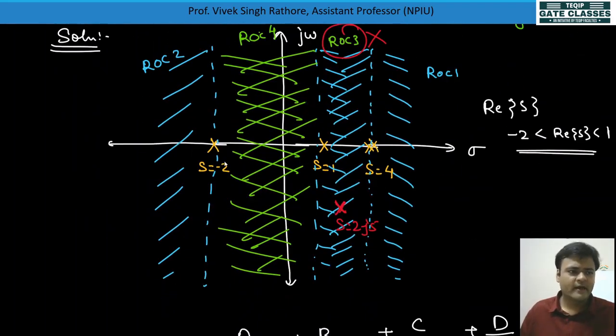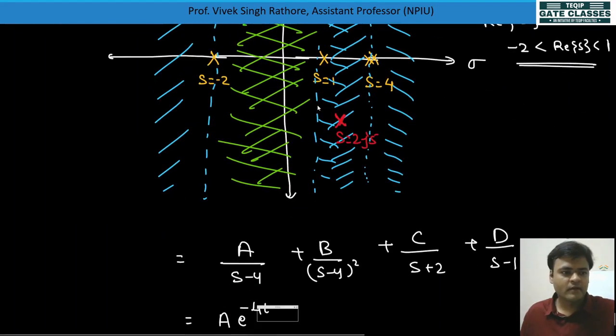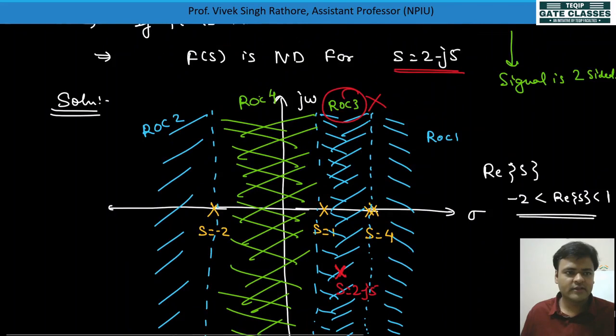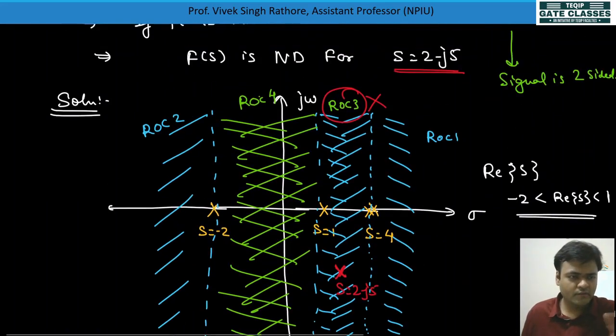See, for s minus 4, for s equal to 4, the portion will be right hand sided. We need to understand this thing. For s equal to 4, the signal can be right hand sided or left hand sided.